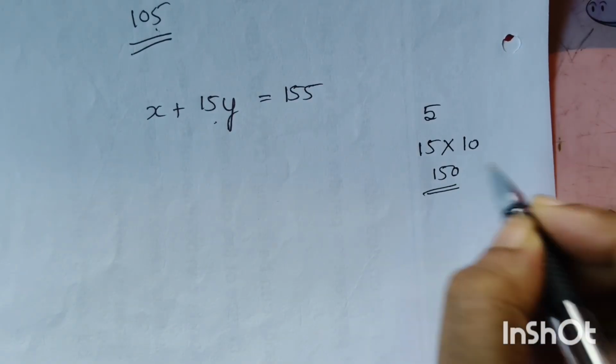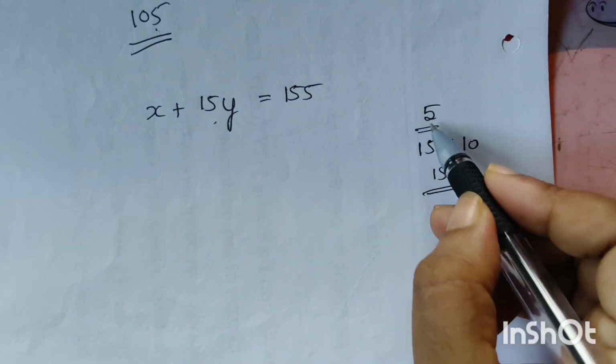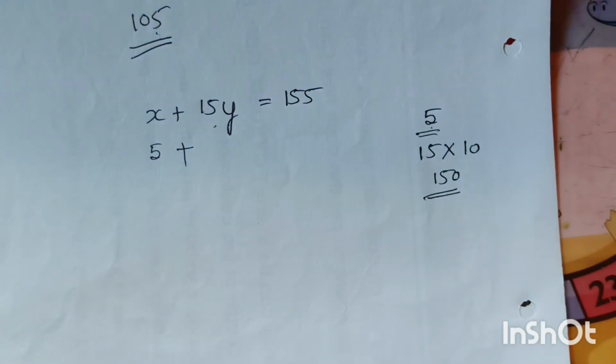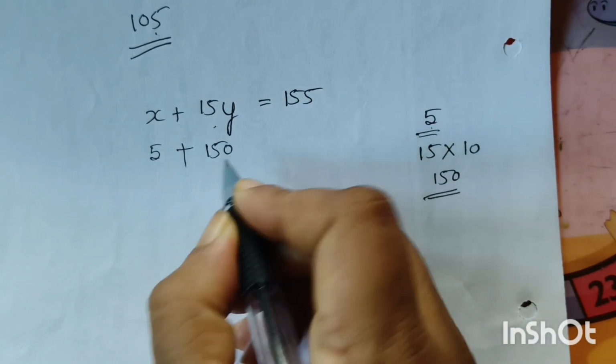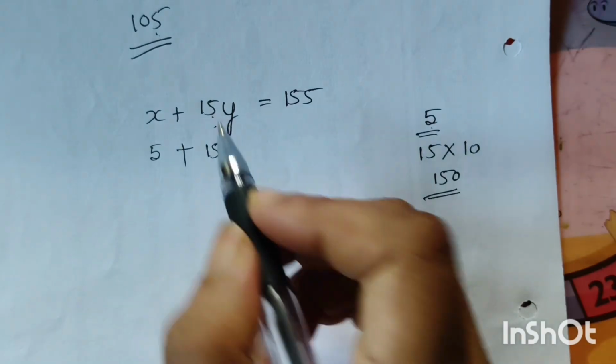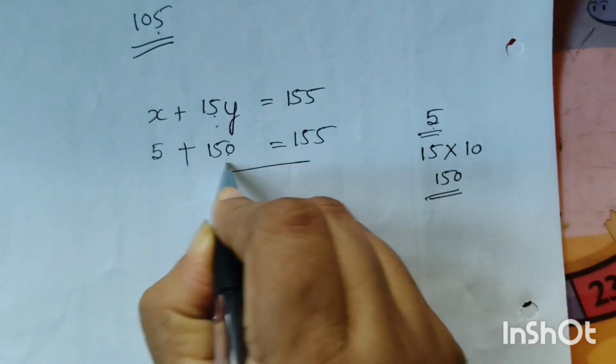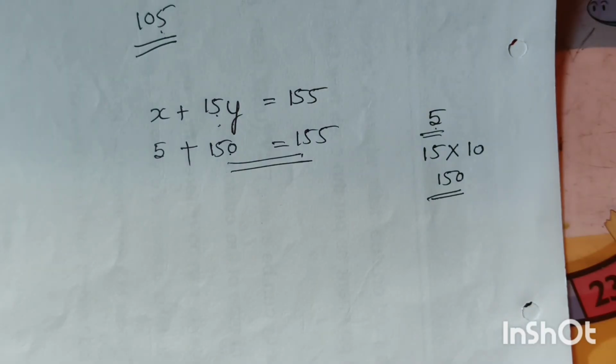Then how much total does he have to pay? The fixed price, 5 rupees, plus 150 rupees because he has travelled 15 kilometers. In total how much does he have to pay? 155. Right? This is the meaning of the question.